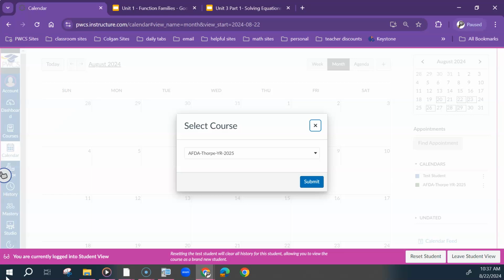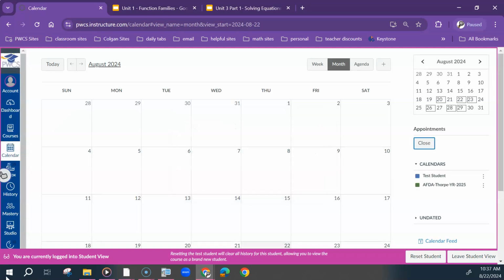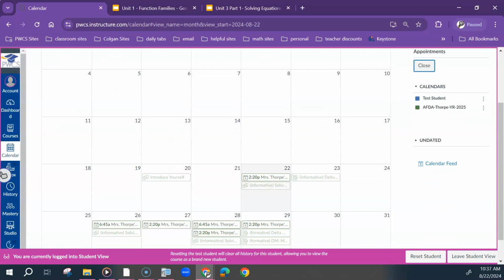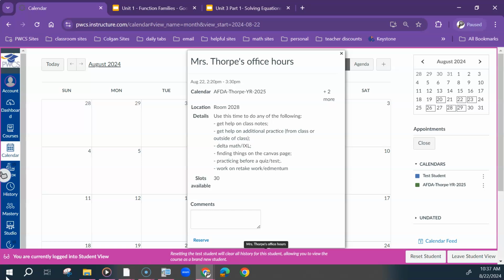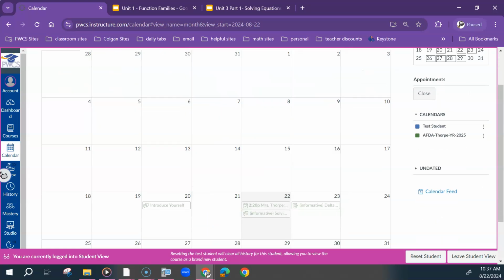If other teachers are using this, you'll see more classes, but you'll choose ours, hit submit. And then you'll see the other things that are due, but my office hours, you'll see them get bold, get bigger, and you can click on that, type in whatever we're meeting about, retake work, getting help, extra time, whatever, and hit reserve.